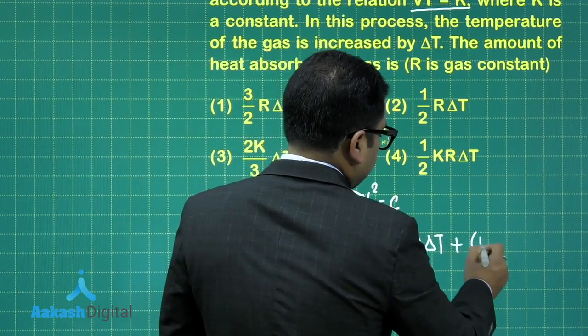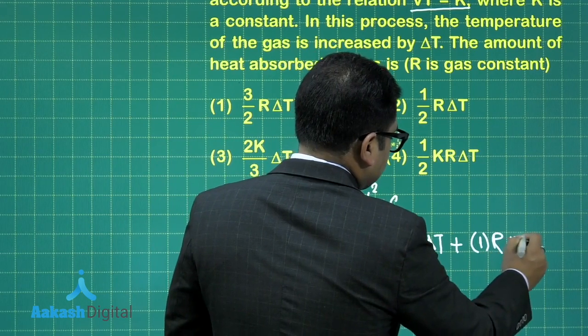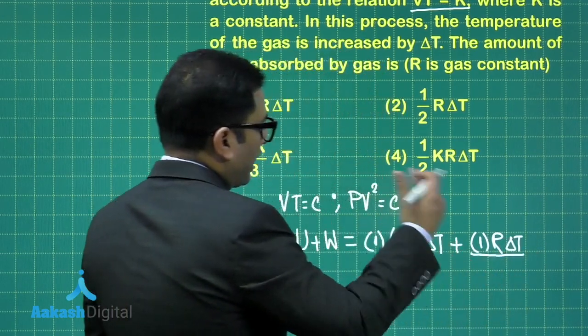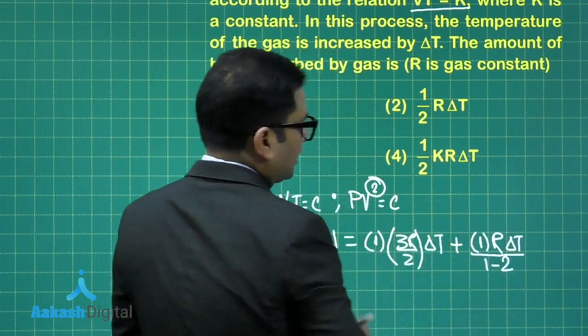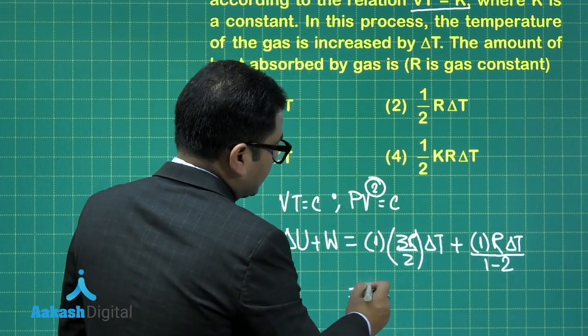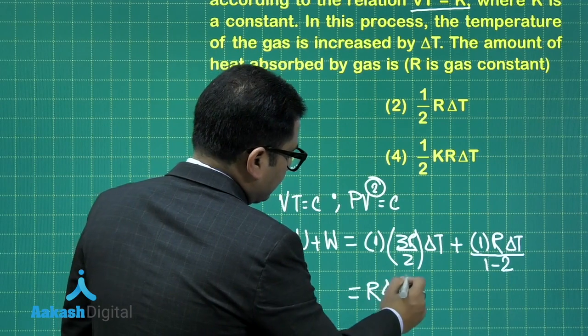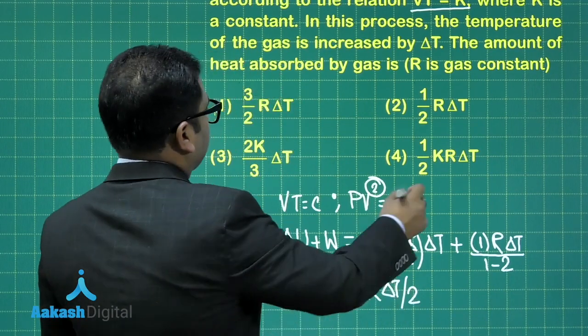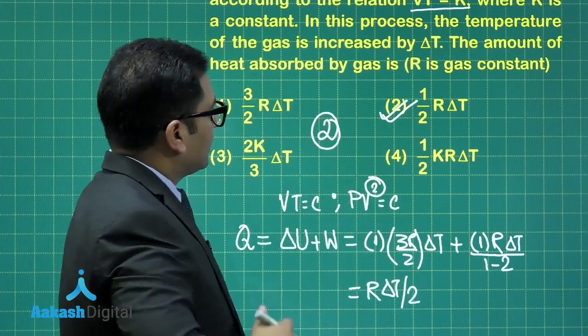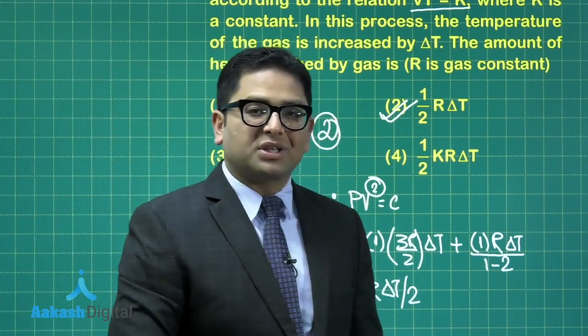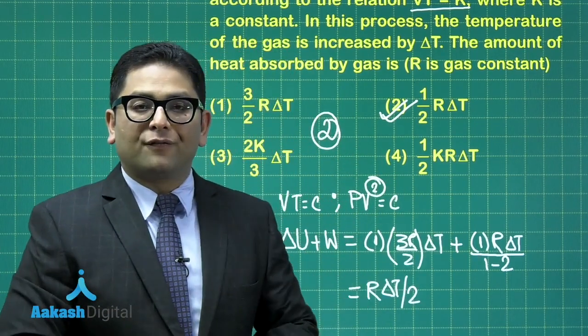Work done is nR delta T, downstairs 1 minus polytropic coefficient. And this now gives us R delta T divided by 2. And that matches option number 2. So option number 2 is the correct option for this question. Time to move on to the next one now.